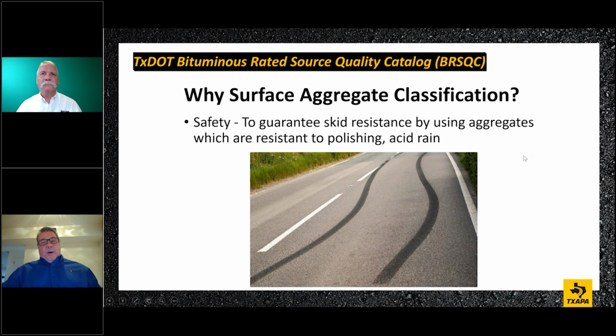Yeah, you got a good point. Again, it's surface aggregate classification. That's a good point, Jim. We want this material to be on the surface, on that riding surface, because that's where you're looking for that skid resistance.